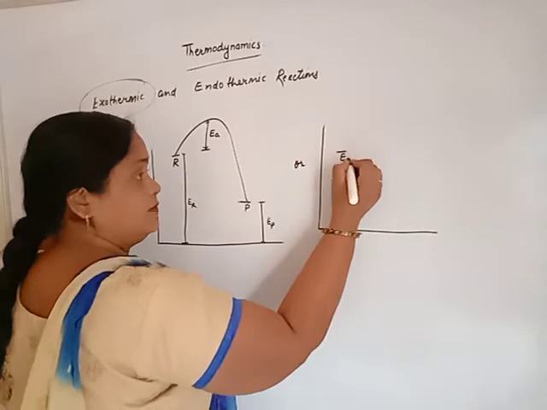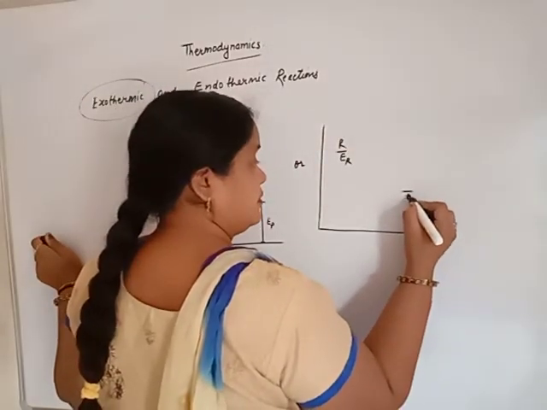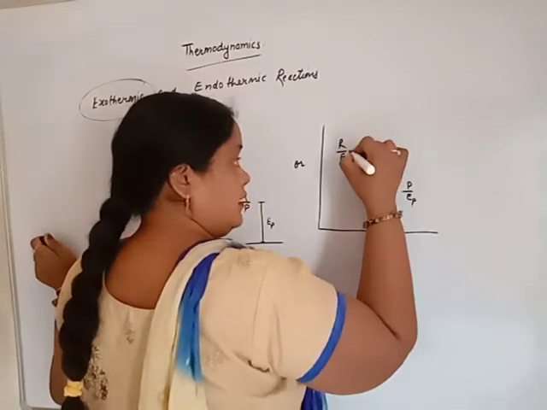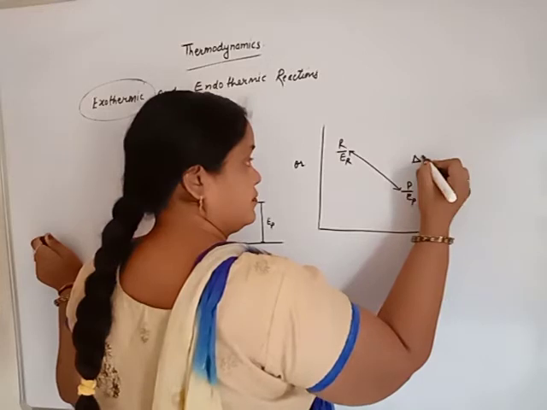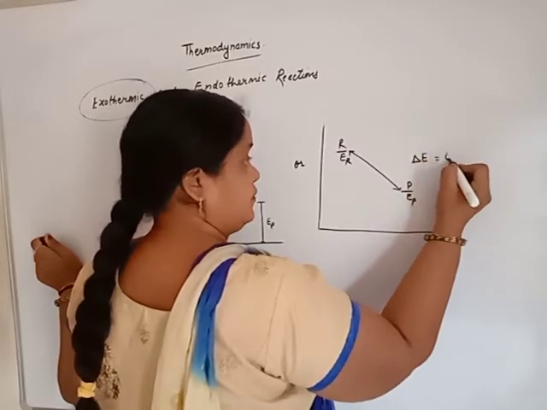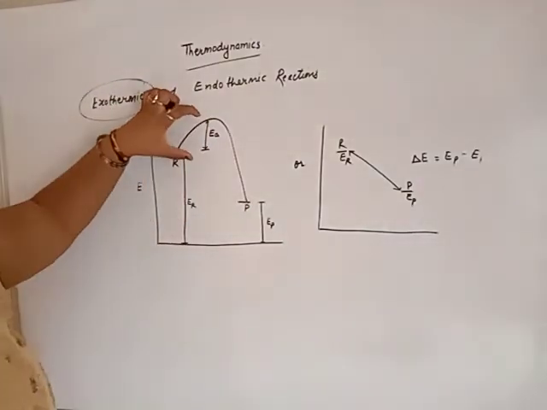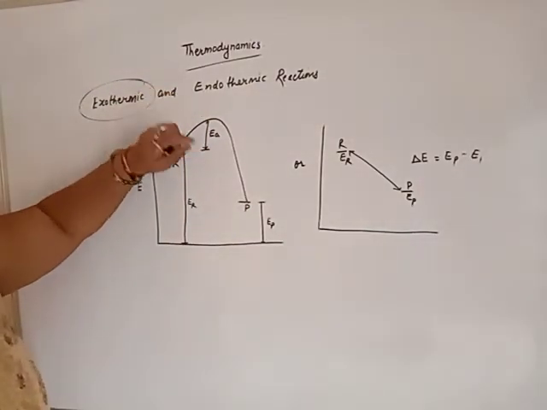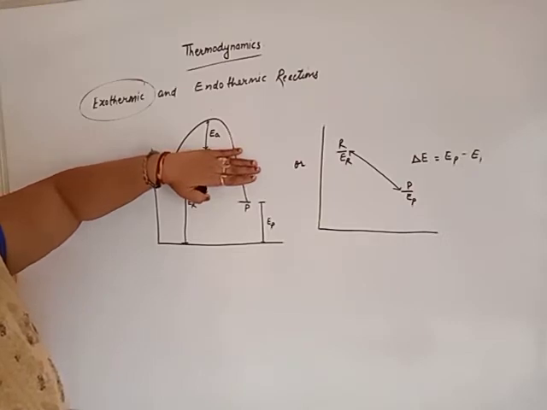Energy of reactant. This is the energy of product. The amount of energy change is this one. Because the activation energy cancels out, the same amount of energy is absorbed and released.